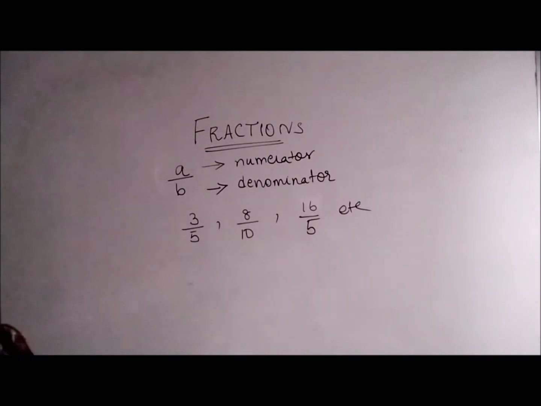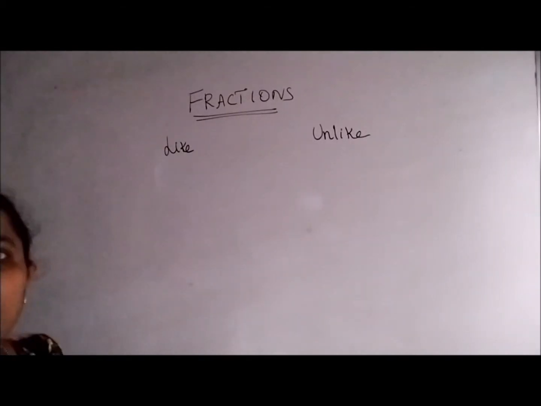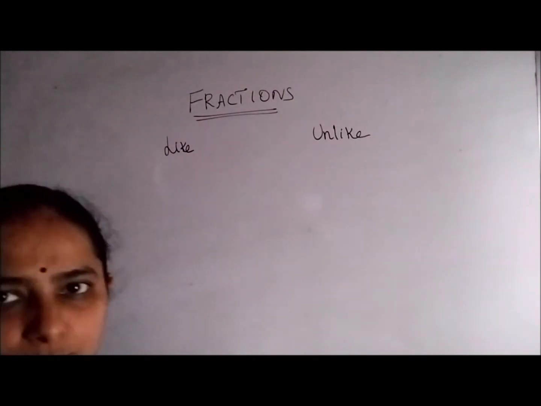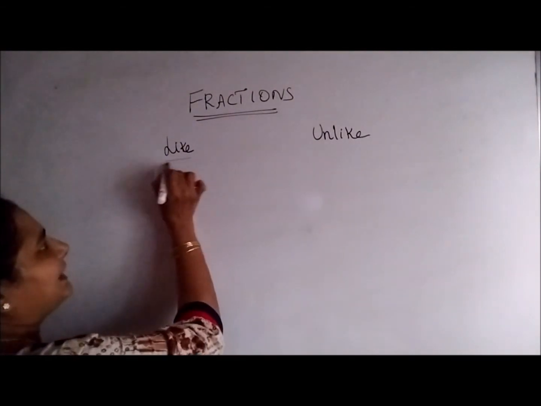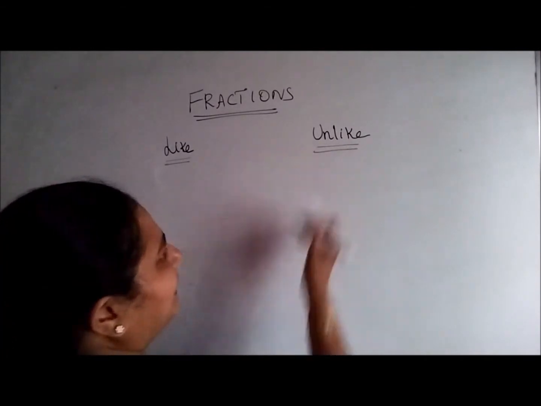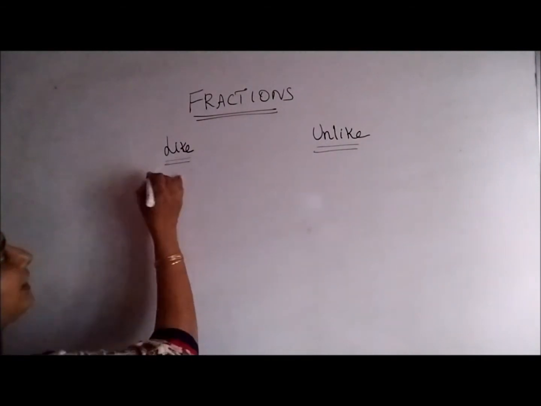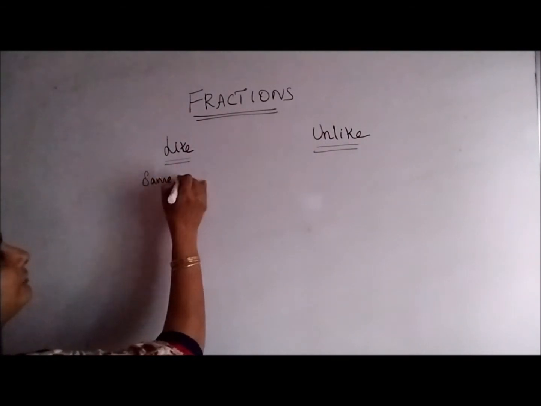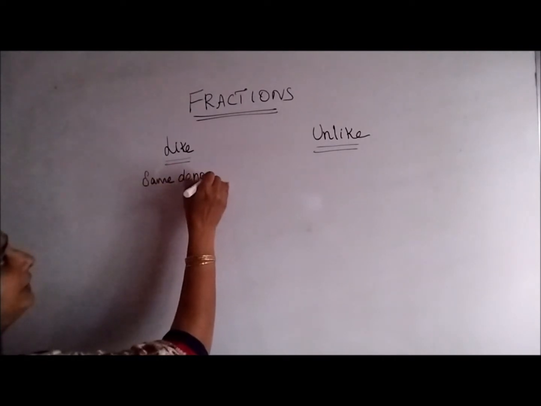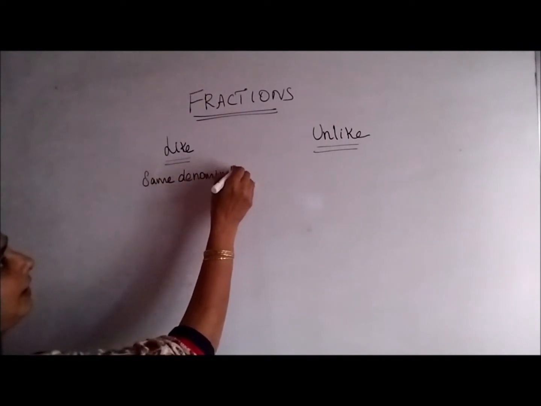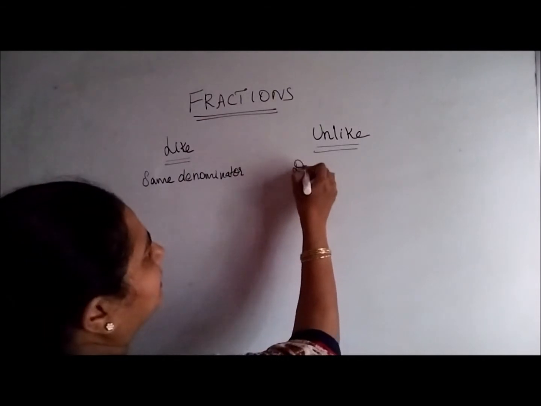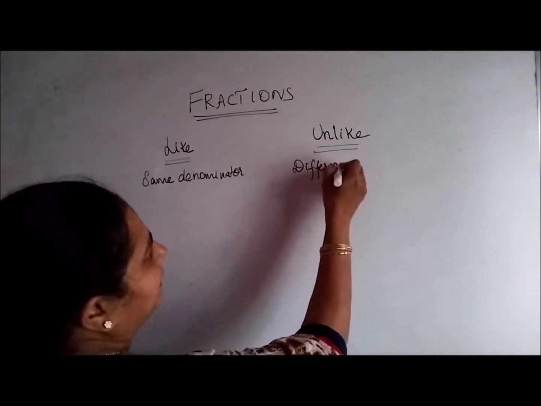Let's see the types of fractions. Majorly there are 2 types of fraction. One is like fraction, one is unlike fraction. Like fractions are the fraction with same denominator. Unlike fractions are with different denominator.